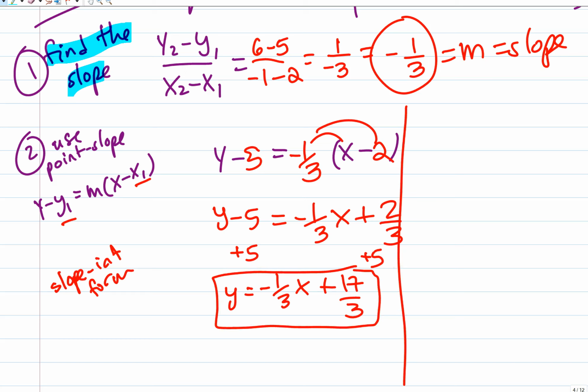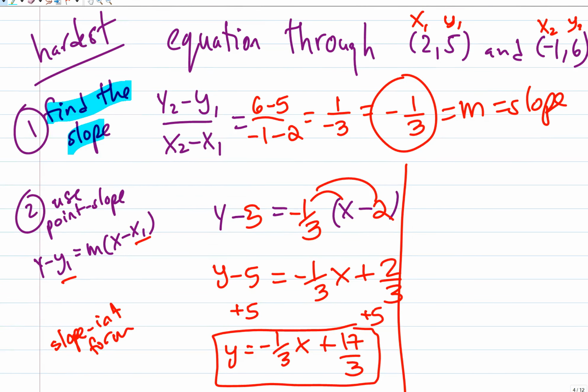Did it matter which point we used? Well, I told you it didn't. You believe me. Let's prove it. Y minus, what if I use the y2? 6 there, right? Is equal to m x minus, what's x minus negative 1?